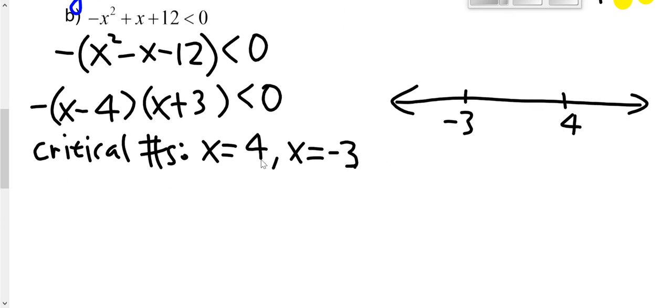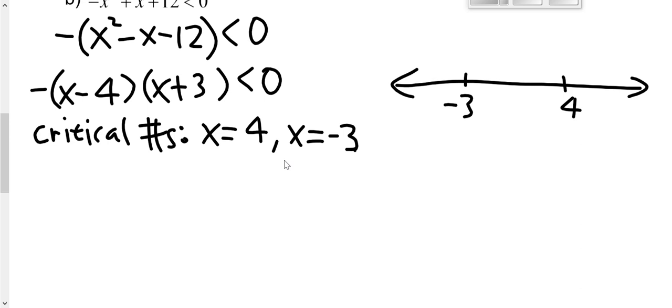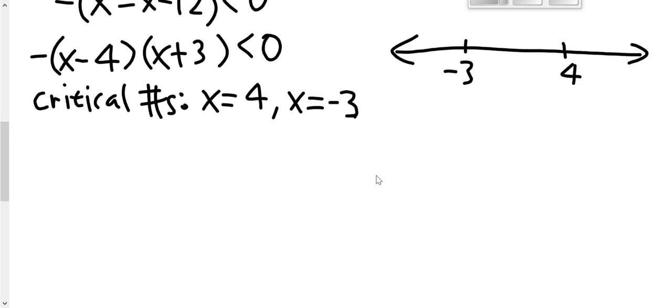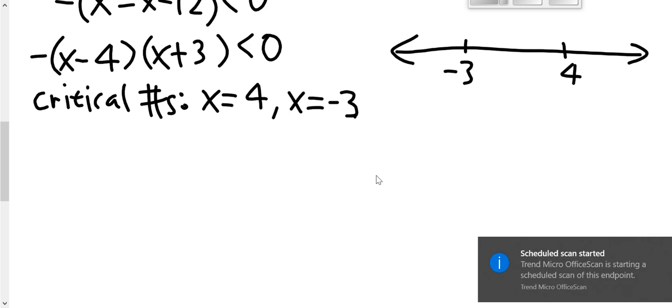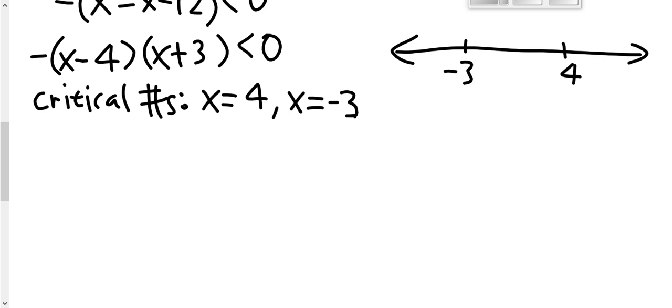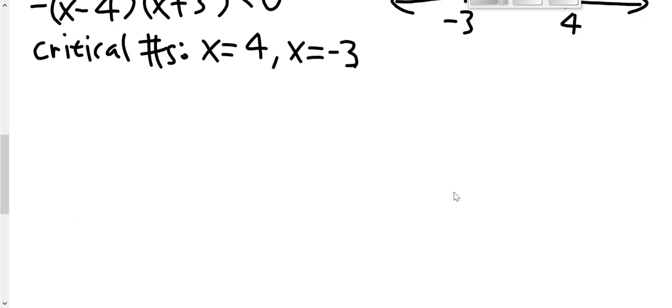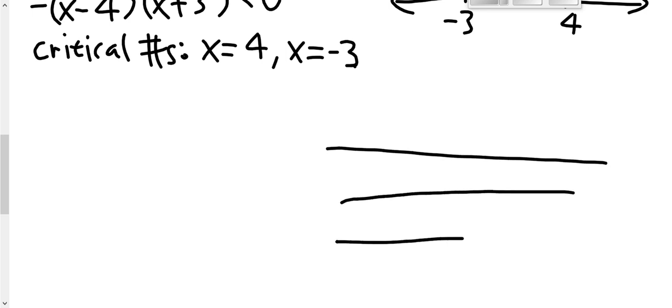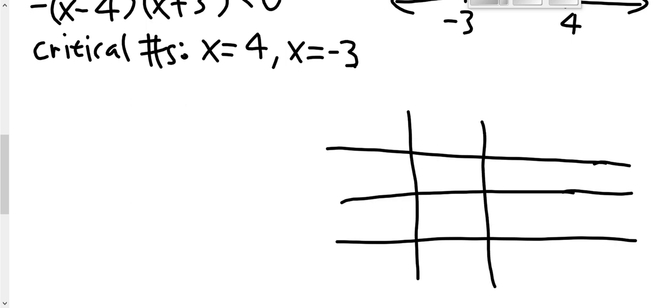So now we have figured out the critical numbers. Let's set up the interval chart. So again, pause for a few seconds and quickly set up the interval chart. Do as much as you can. Okay, the interval chart. And then we put down the factors.